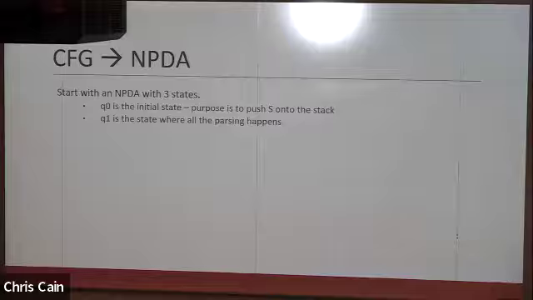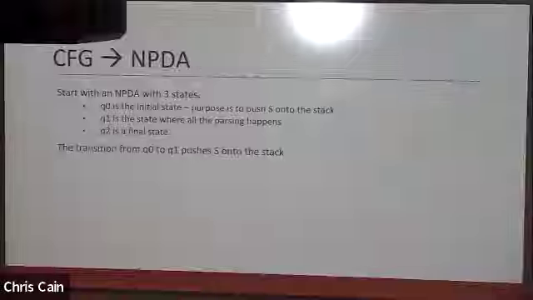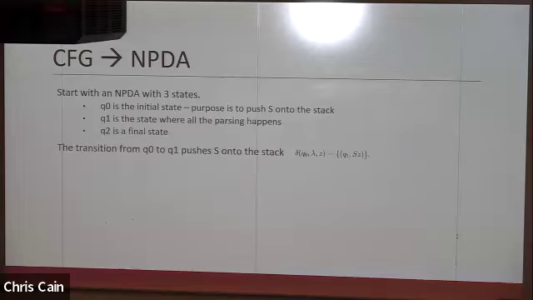Q1 is the state where all of the parsing happens. Every single parsing rule that we could possibly have happen will happen in Q1, and then Q2 is a final state. So that is the entirety of the NPDA that we are trying to construct. So the transition from Q0 to Q1 all it does is push S onto the stack.